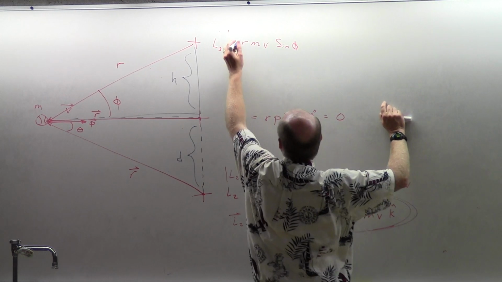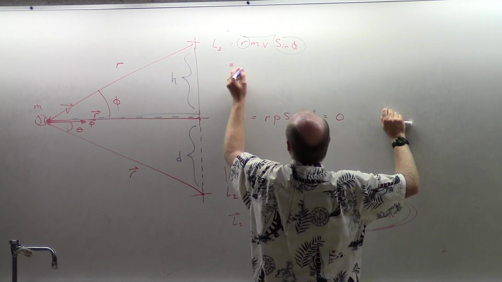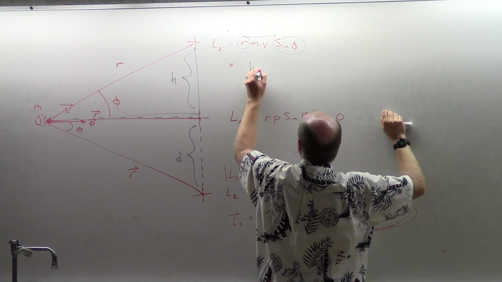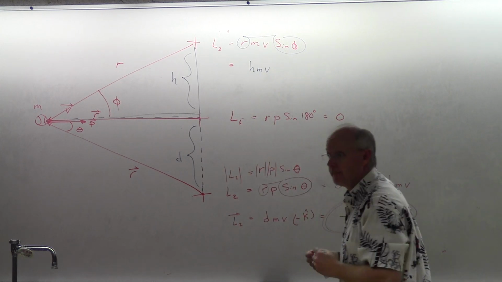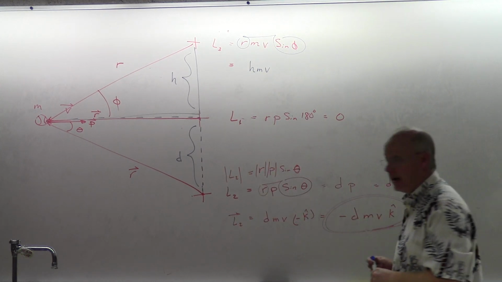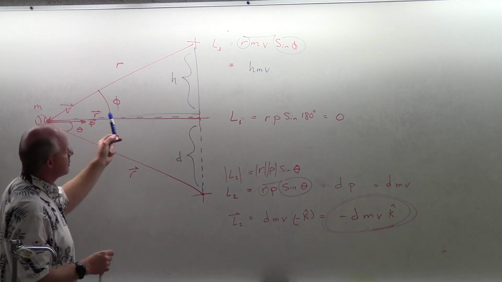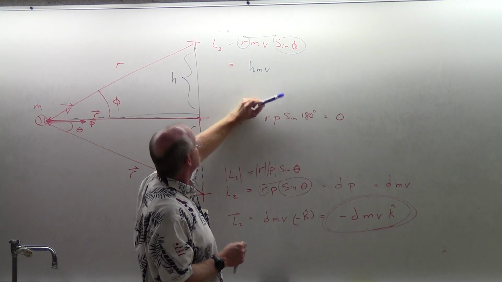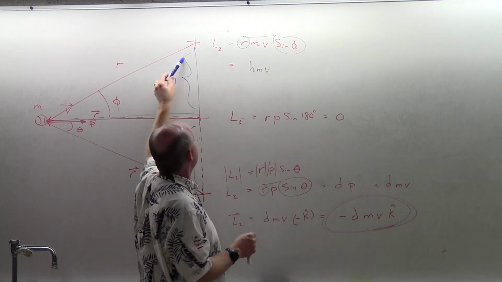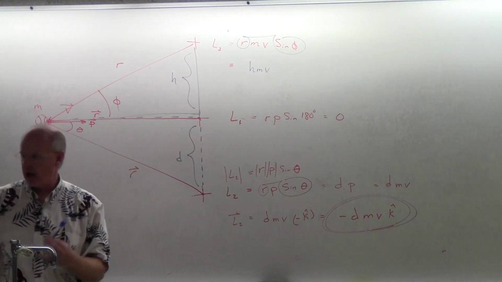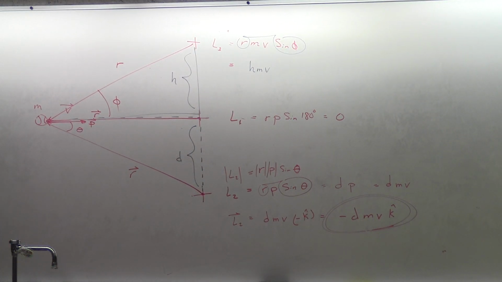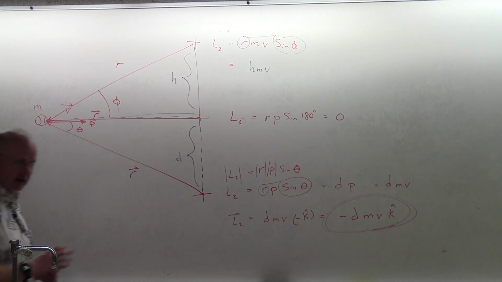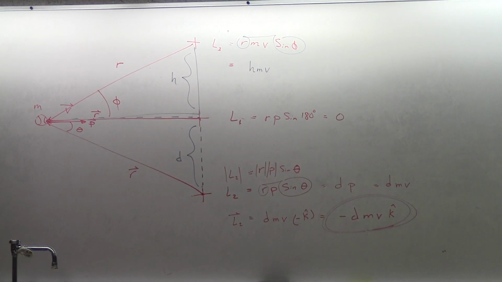But what I am trying to say is if you put the r and the sine phi together, you get your h, your m, and your v. And notice carefully that as the object gets closer and closer, yes, the r changes, yes, the angle changes, the m and the v don't, but the product of r times sine phi is always the h, so you always have the same angular momentum, h m v, conservation of angular momentum. And again, that's our third conserved and important principle. Again, that's why you're going to be doing the lab here, conservation of angular momentum.